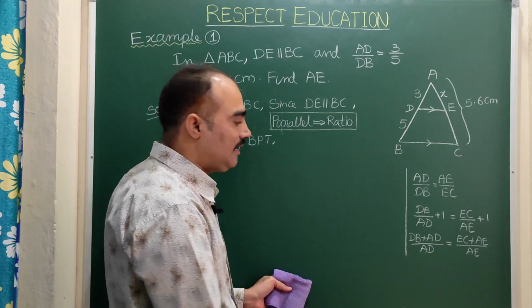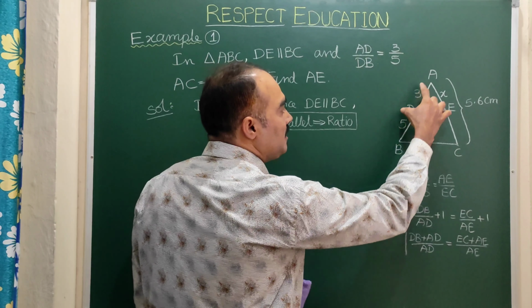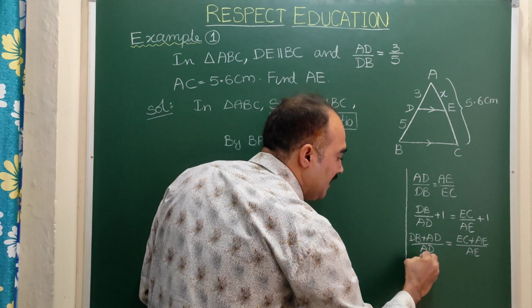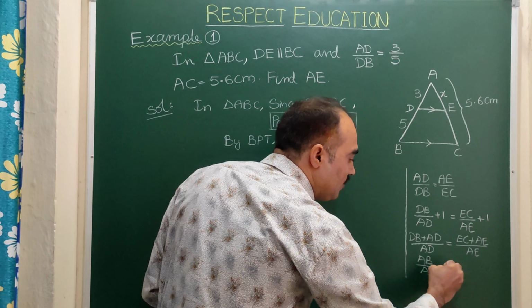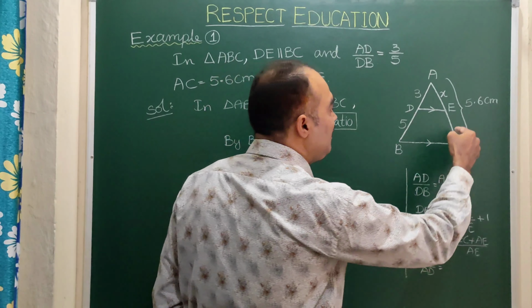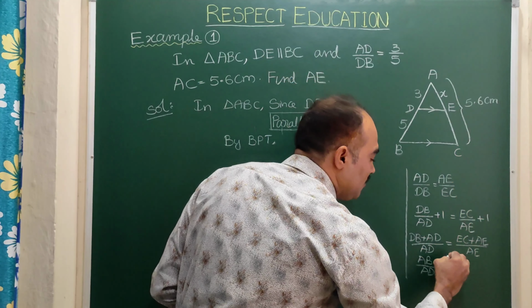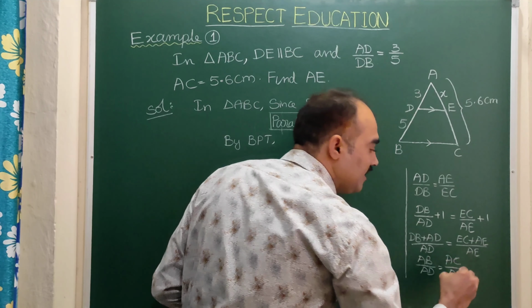Now you see here, DB plus AD is nothing but AB. So we can write it as AB by AD is equal to, same way, EC plus AE becomes AC. So AC by AE. Right?